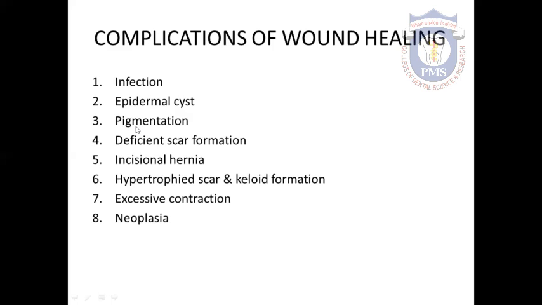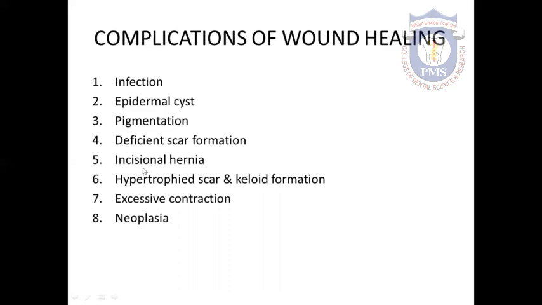Pigmentation of the wound can occur. The healed wound may at times have a rust-like color due to staining with hemosiderin. Then deficient scar formation can occur due to inadequate formation of granulation tissue.